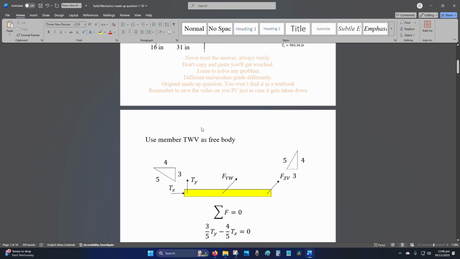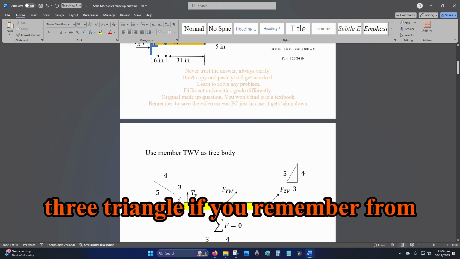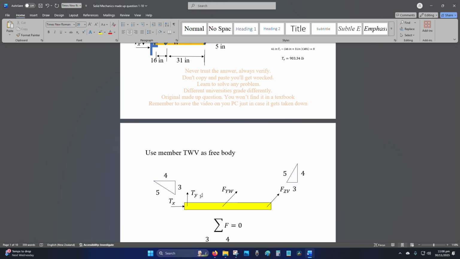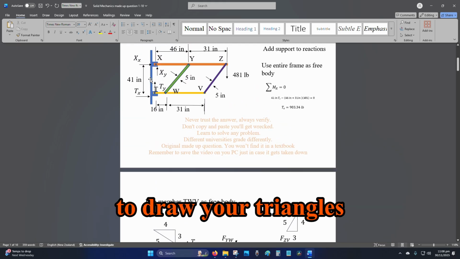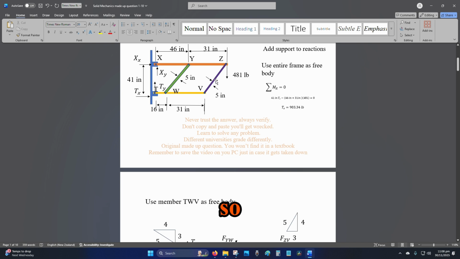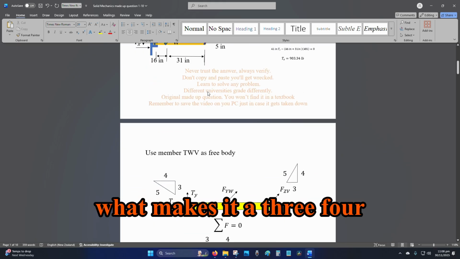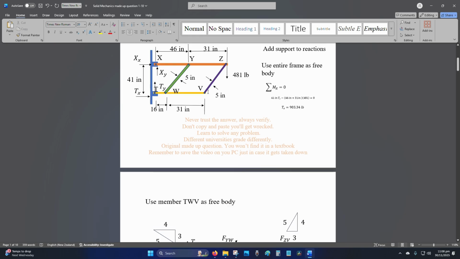Okay, so you see that we've got the 5, 4, 3 triangle, if you remember from trigonometry and in statics. So you've got to use a little bit of imagination to draw your triangles. So what makes it a 3, 4, 5 or 5, 4, 3 triangle?